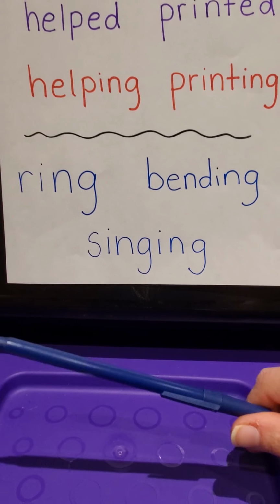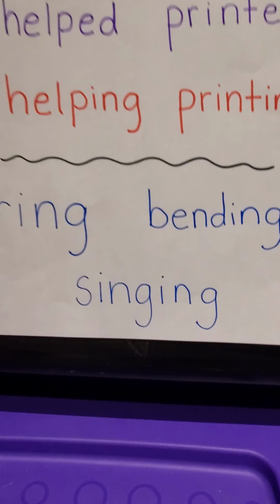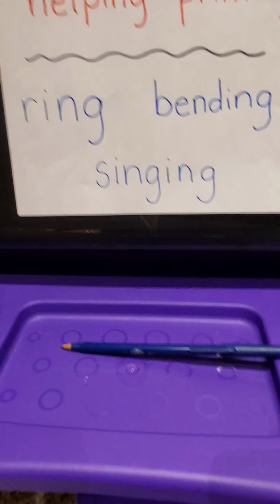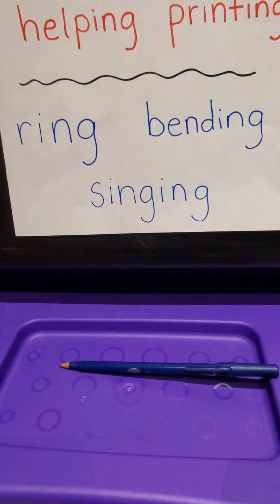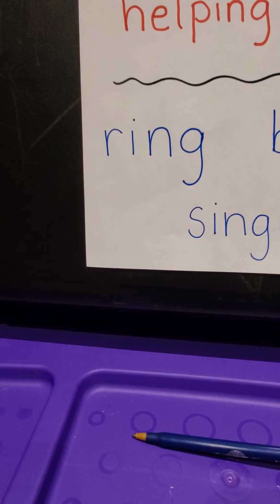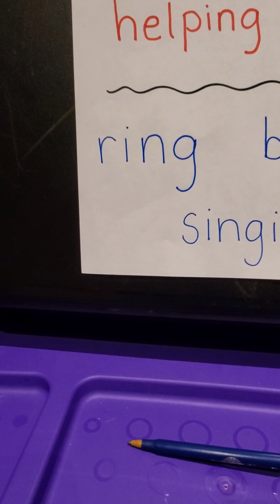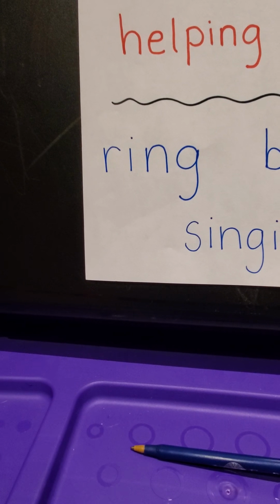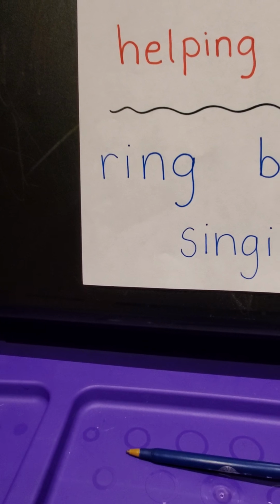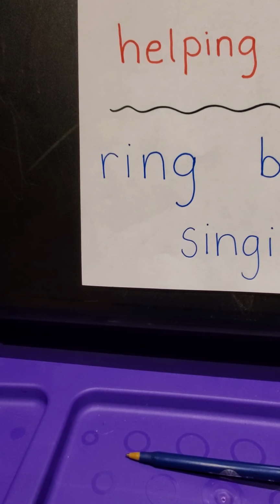Then there's these 3 words down here in blue that I put because sometimes ing can be a little tricky. Ring has ing, but that's just the sound it has. That's part of the word. It's ring. We're not adding ing to the base word. It's just part of the word.